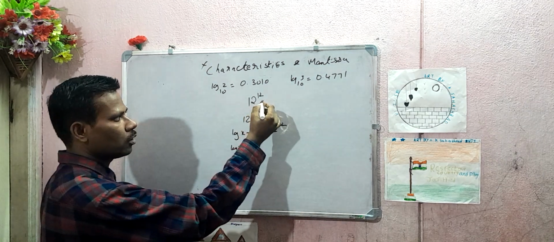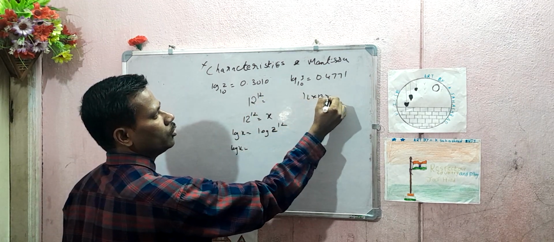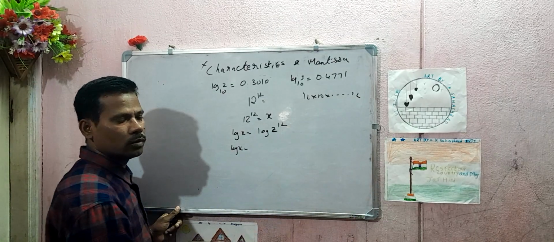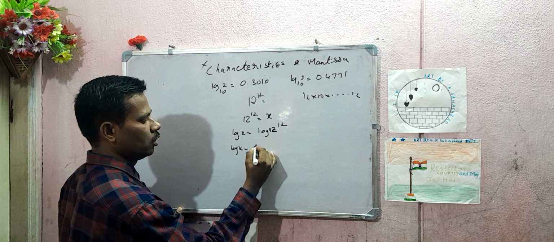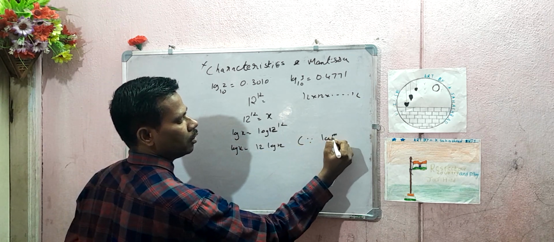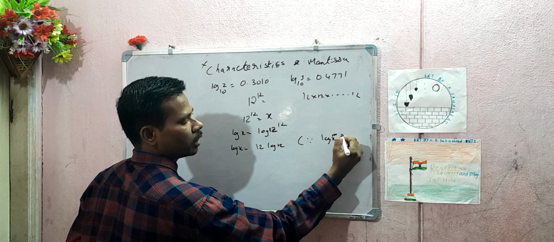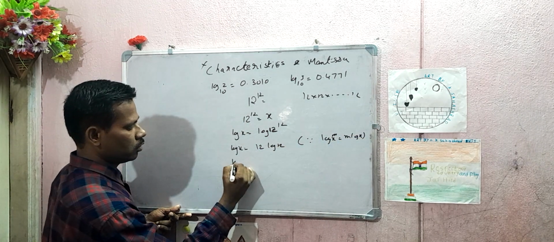I'm sorry, the question is wrong. 12 to the power of 12. Next, this can be written as 12 log 12, because log x power m can be written as m log x. So in that way I have written this.